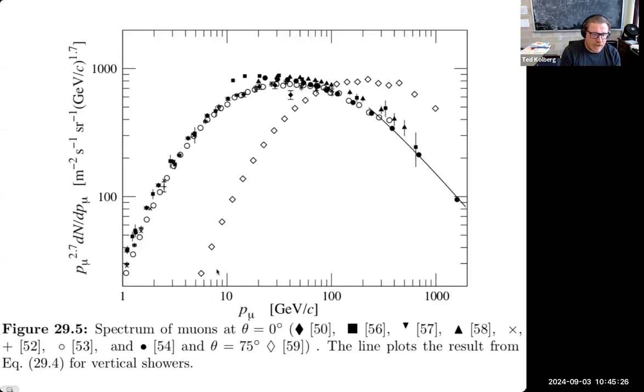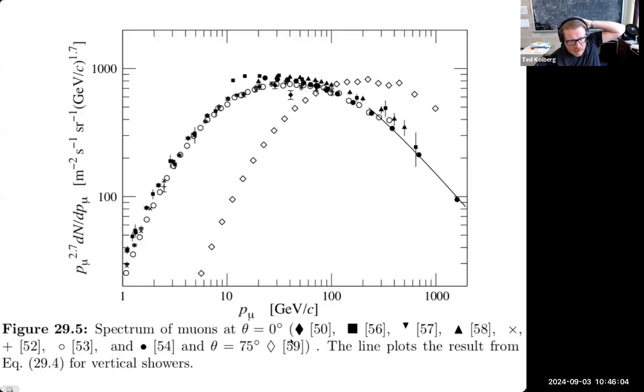And then we have that curve drawn for a couple of different angles. We have theta equals 0, meaning that they're coming basically straight down, perpendicular to the surface of the Earth. And we have points on that from a few different measurements. And then we have a corresponding curve for theta equals 75 degrees. So this would be like making a low angle with the horizon of only about 25 degrees.